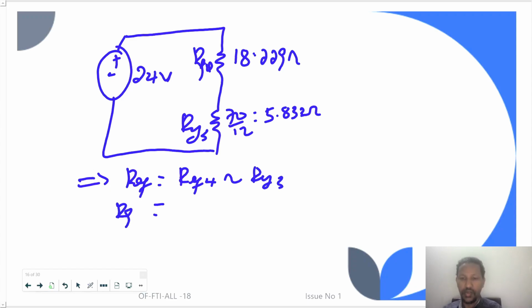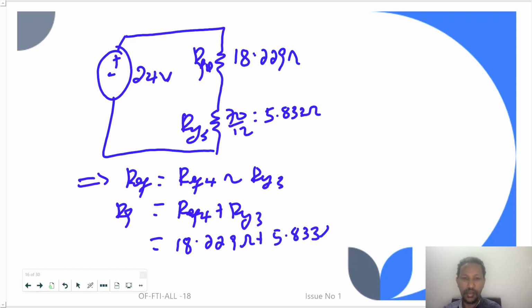So R equivalent equals R equivalent 4 plus RY3, which is 80.229 ohm plus 5.833 ohm. So finally, you would have the total equivalent resistance.